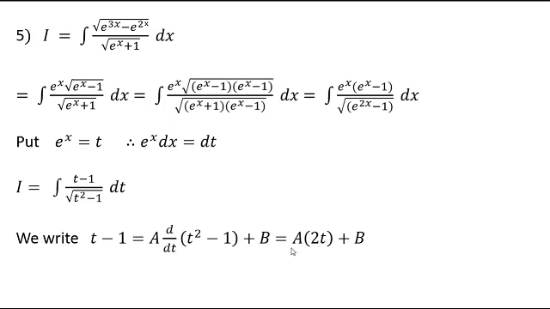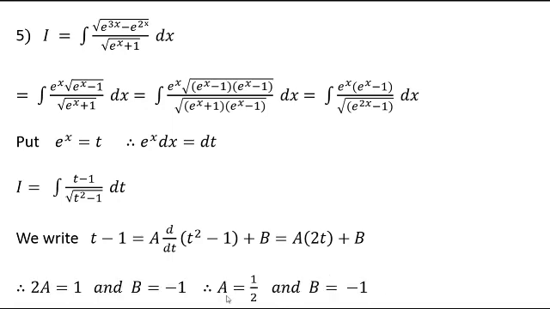We equate the coefficients: this constant B is equal to minus 1, and 2A, the coefficient of t, is equal to 1. So very quickly we get the values of A and B. A is half and B is minus 1. With these values I substitute and write t minus 1 as half into the derivative of t square minus 1, minus 1. This B is minus 1.